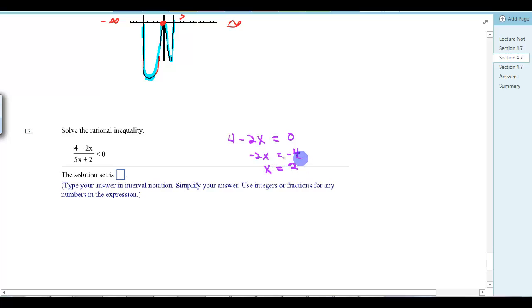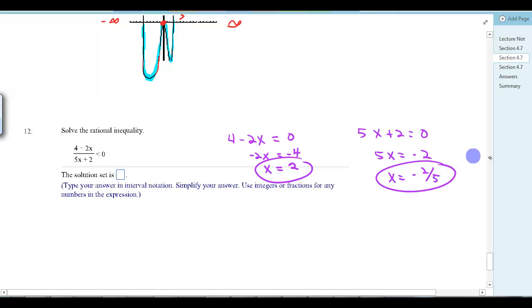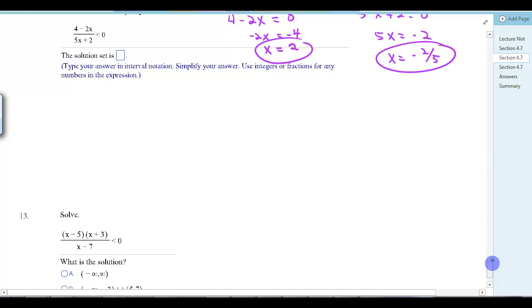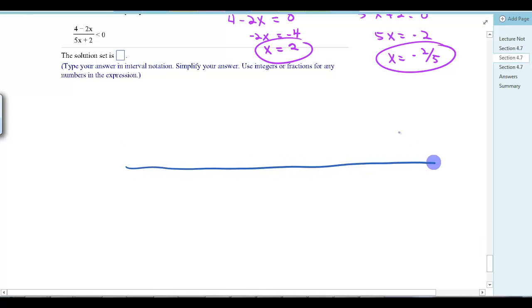So x is 2, and the bottom. All right, so we solved the top, we solved the bottom, and we are going to draw a line. And we're going to put those in. So that would be x equals negative 2/5, and that's going to be x equals 2.